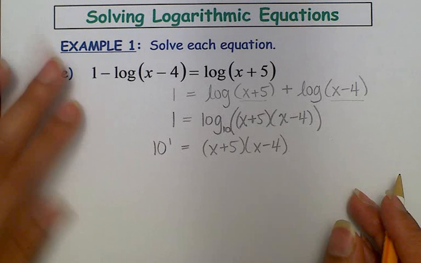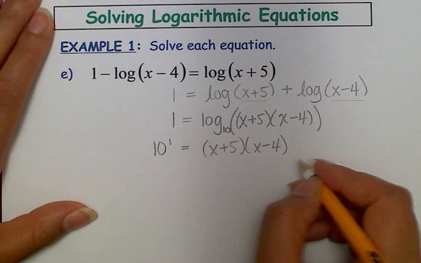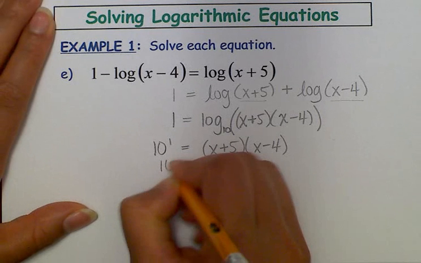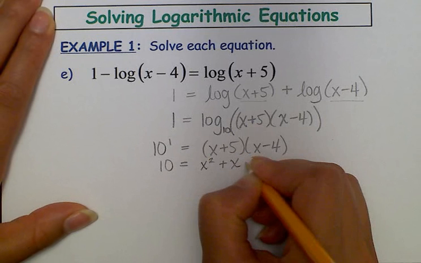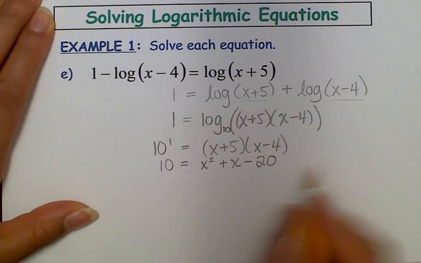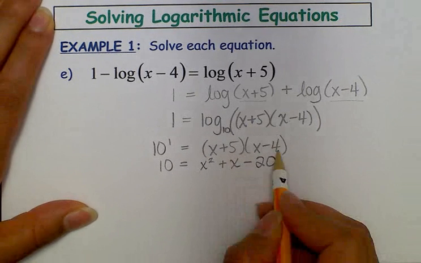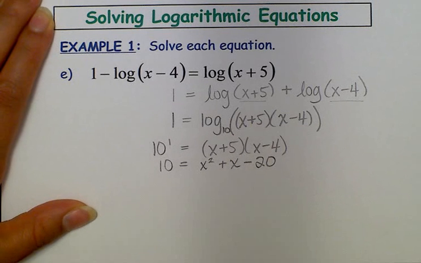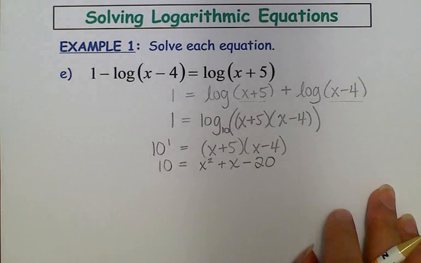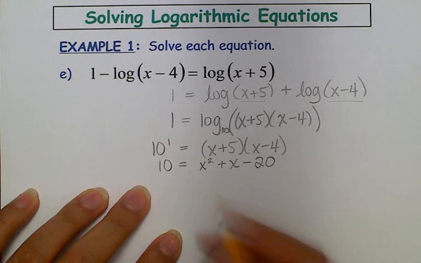So now I'm going to expand the right hand side, and I get 10 equals x squared plus x minus 20. So x times x is x squared, minus 4x plus 5x is just 1x, and then minus 20. Now if I get everything to one side and I try to solve from there, I know I have a quadratic equation.